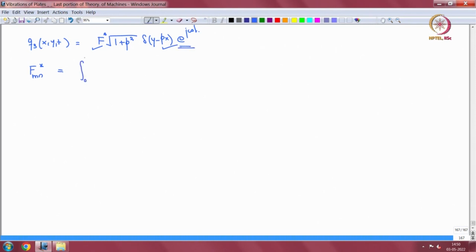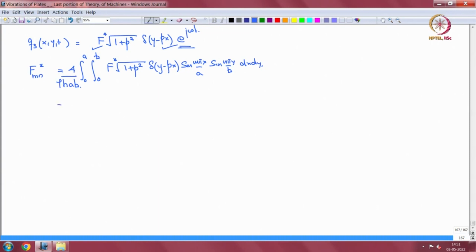So, 0 to a, 0 to b, F star square root of 1 plus p square delta y minus px sin m pi x by a sin n pi y by b dx dy and 4 by rho h a b, that we can't forget.